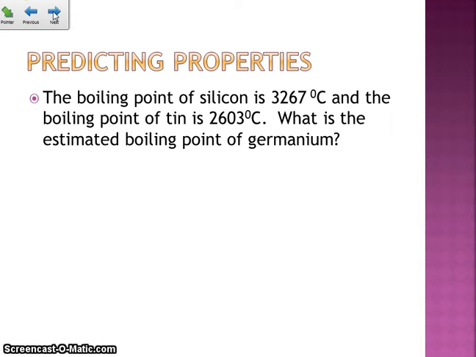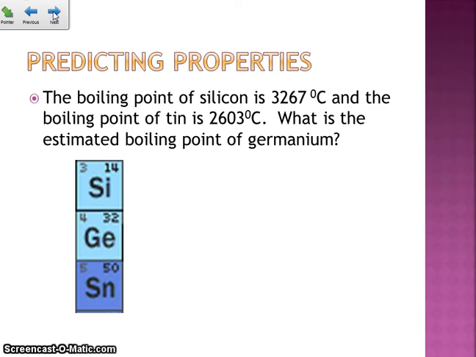What would you estimate the boiling point of germanium to be? Okay, the first thing you're going to want to do is locate these elements on your periodic table. And I find them in group 4. Okay, so I have just cut out a picture of just these 3. We have silicon here, germanium, and Sn is tin.